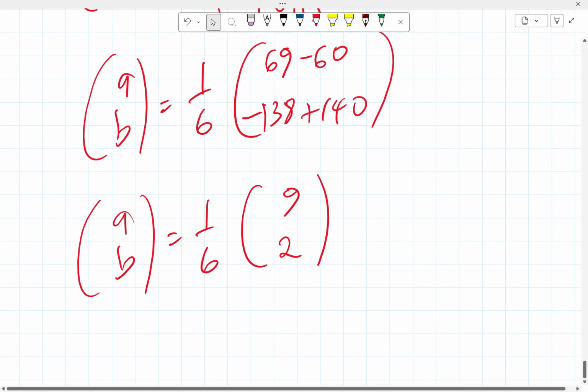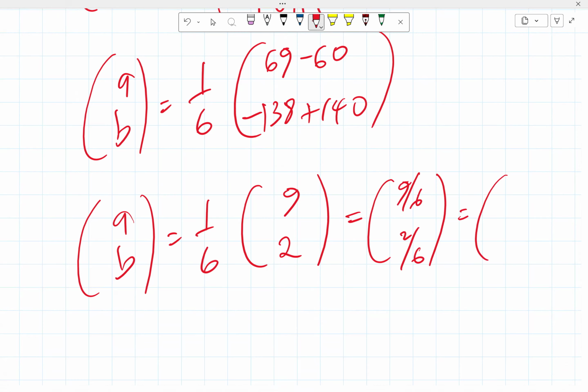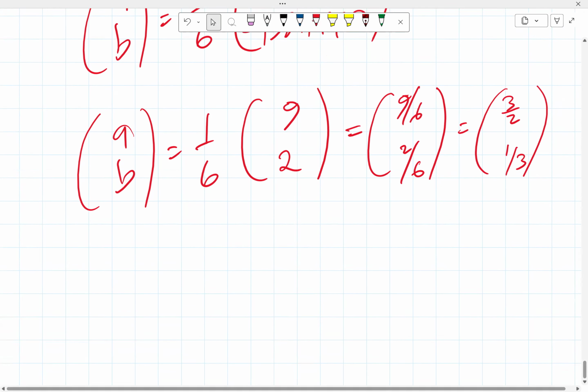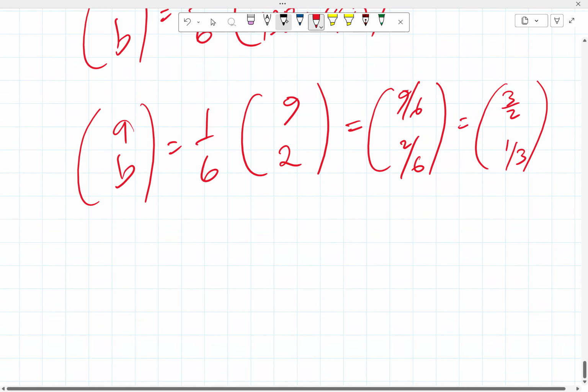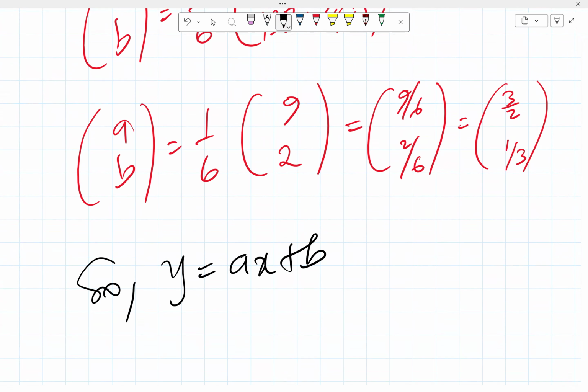So that this can then be 9 over 6, 2 over 6. This is 9 over 6, that's 3 over 2, right? And then this is 1 over 3. 3 over 2, 1 over 3. So y equals ax plus b can then be, what's y now? Y, we don't know. I mean, it's an equation, right? So now a is 3 over 2 and b is 1 over 3.